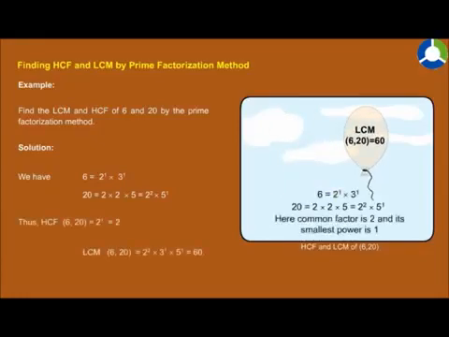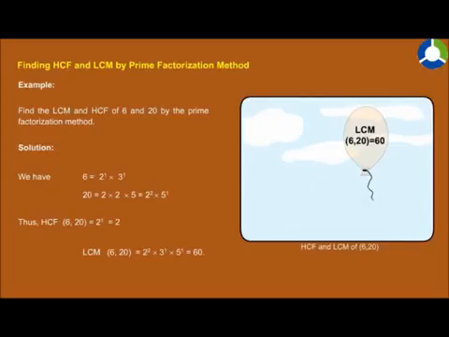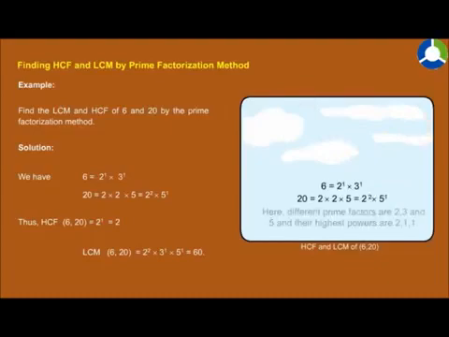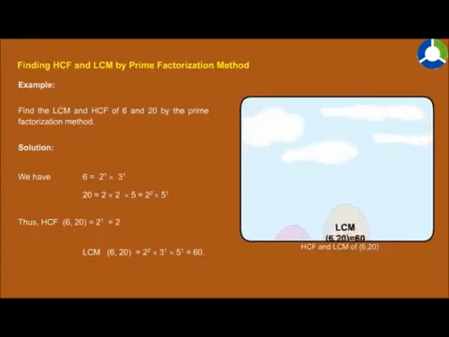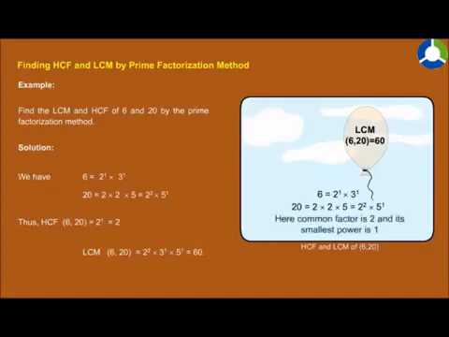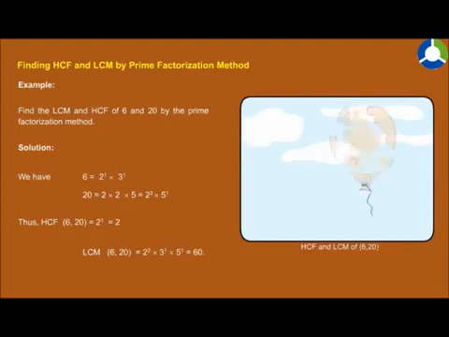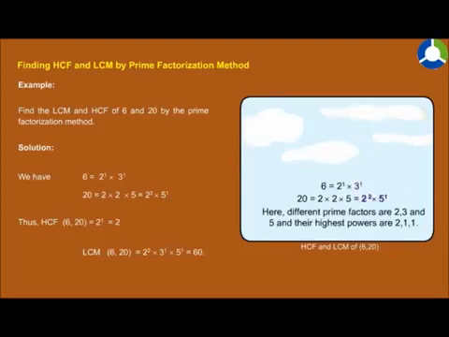Thus, HCF of 6 and 20 = 2^1 = 2. LCM of 6 and 20 = 2^2 × 3^1 × 5^1 = 60.